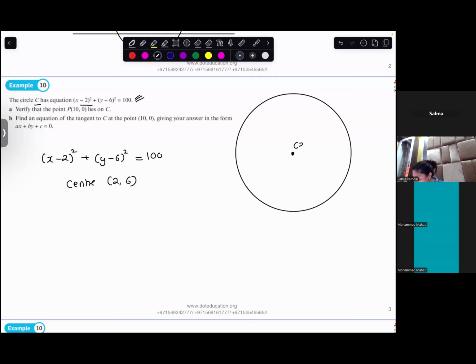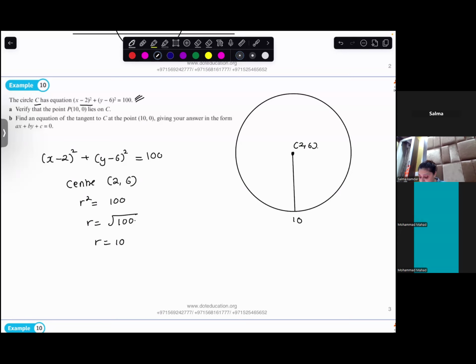That means the center is 2, 6. What else? The radius squared is 100. What is going to be the radius? 10. The radius is going to be 10.